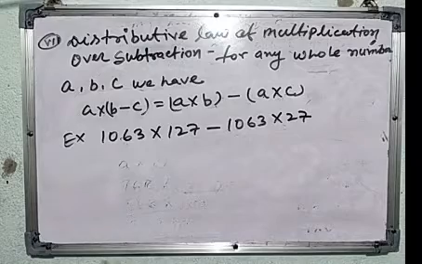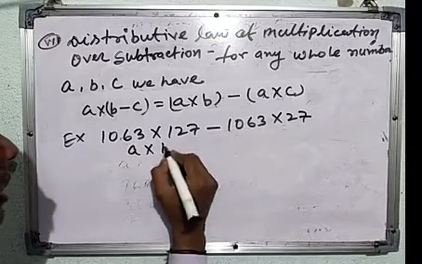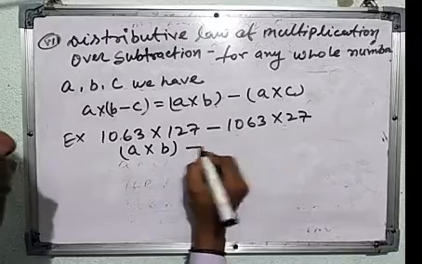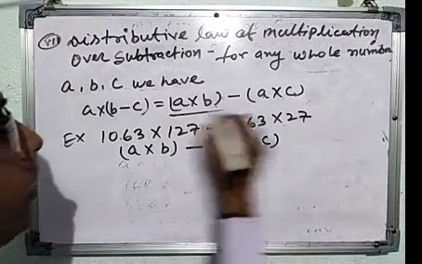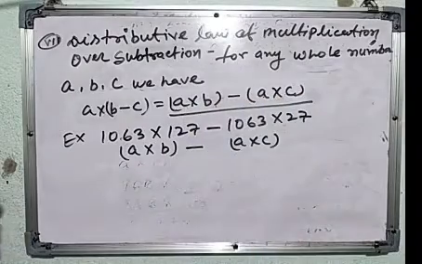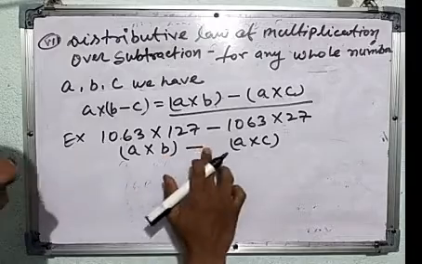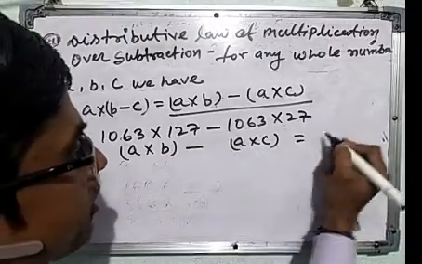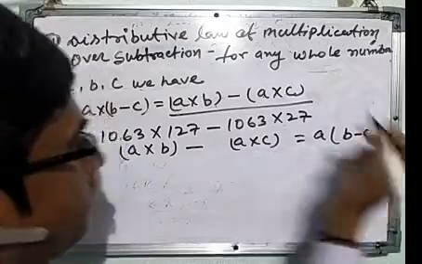So student, here you see the value of A into B minus A into C. If A into B minus A into C, you write A into (B minus C).